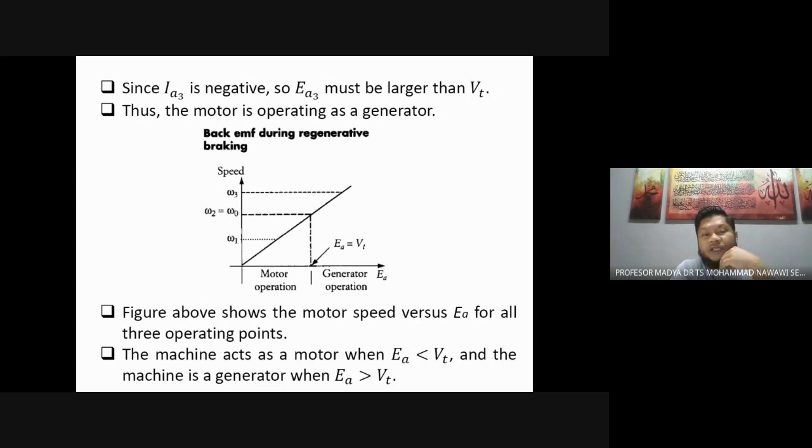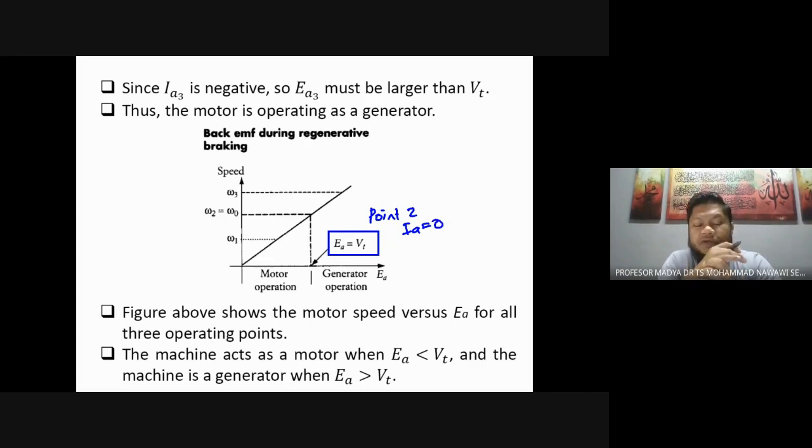The motor is operating as a generator, and this is back EMF during regenerative braking. So that is the point where you have EA equals VT. This is where you have point number 2. At the tip of the motor, you have EA equals VT because IA is 0.